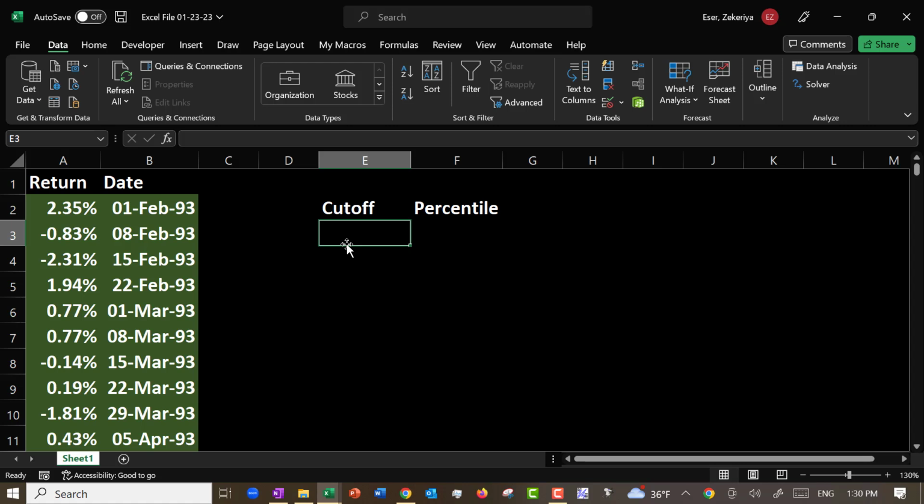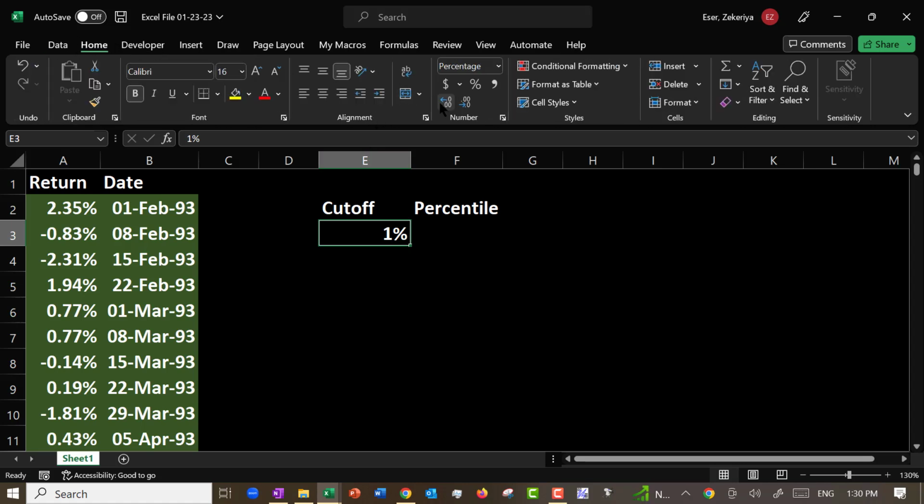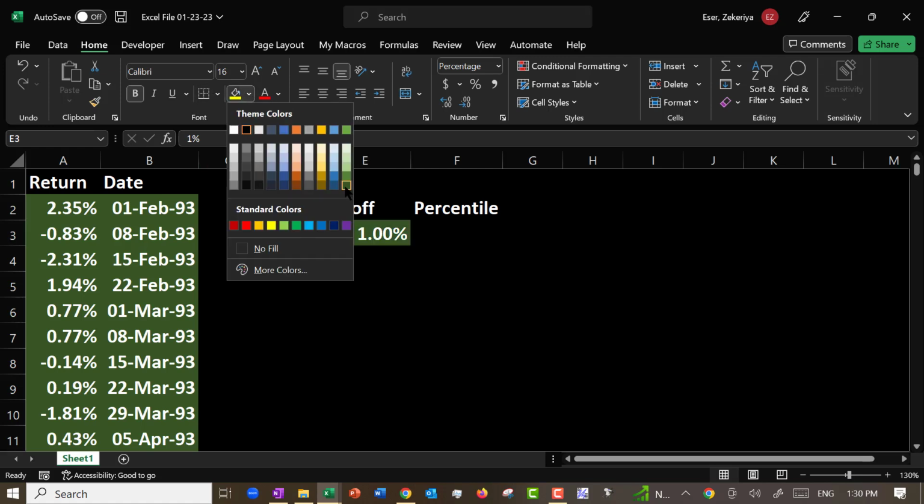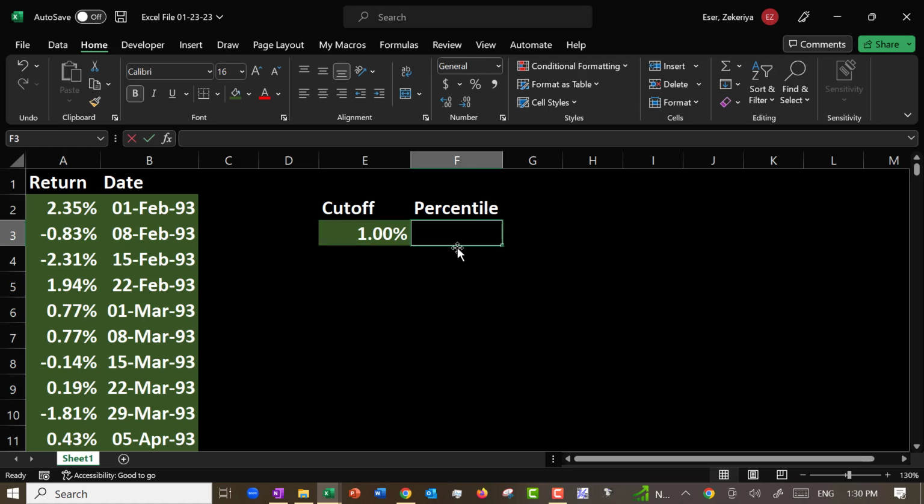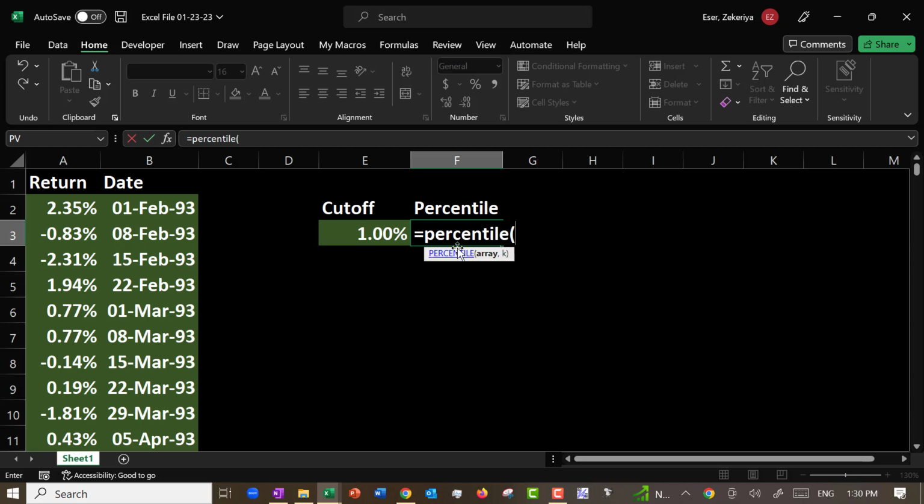I'm going to do a number of them. Let's look at, for example, 1%. The actual percentile function is percentile.